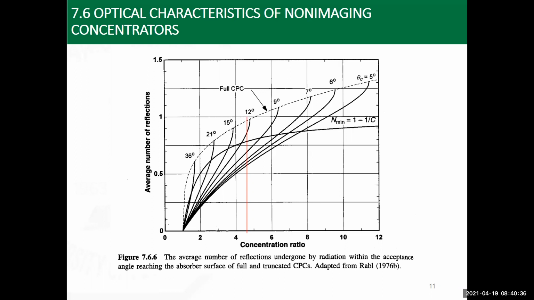So these are some characteristic figures that you can use to relate the concentration ratio to dimensions. The dimensions could be ratios of the areas, and ratios of lengths like h over aperture length, or the minimum number of reflections.